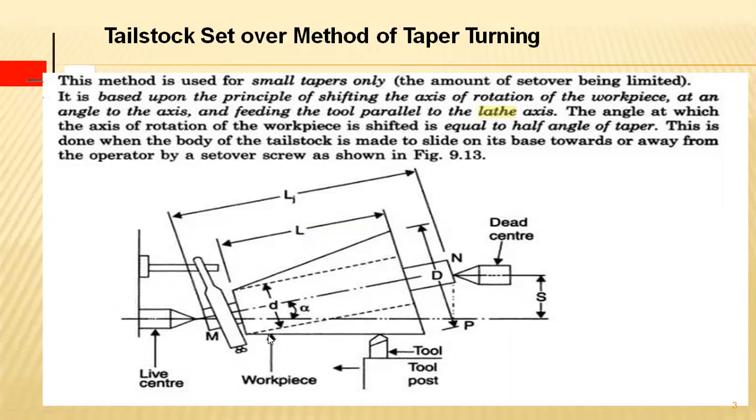Whatever conical shape needs to be attained for the workpiece is denoted by alpha, or nominally we will refer to it as theta. The theta inclination should be provided by the workpiece itself.